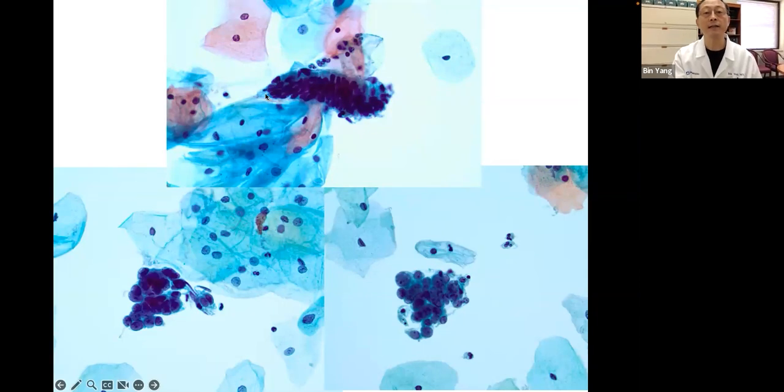And their border starts to be irregular. You've got really, really enlarged nuclei and irregular. You don't see the very flat nuclear overlapping. Another one: irregular shape, overlapping, hyperchromasia, but you don't see prominent nucleoli, and the background is relatively clean, which separates it from adenocarcinoma.